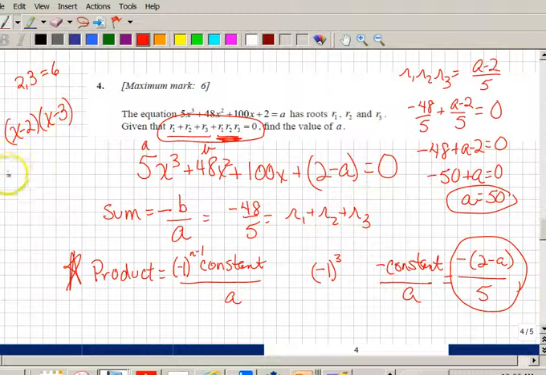Now when you FOIL that out, you get x squared minus 5x plus 6 equals 0. So the sum of the roots, the sum of 2 and 3 is 5, so it's negative b over a. And the product of the roots is 6, so in this case, it's the positive constant over a.